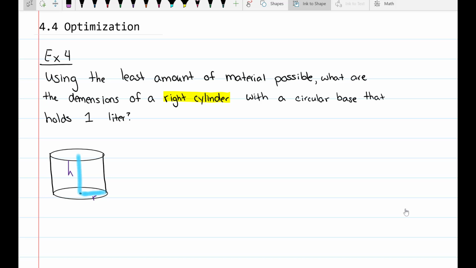We're looking for the least amount of material. This means that we're looking for surface area.